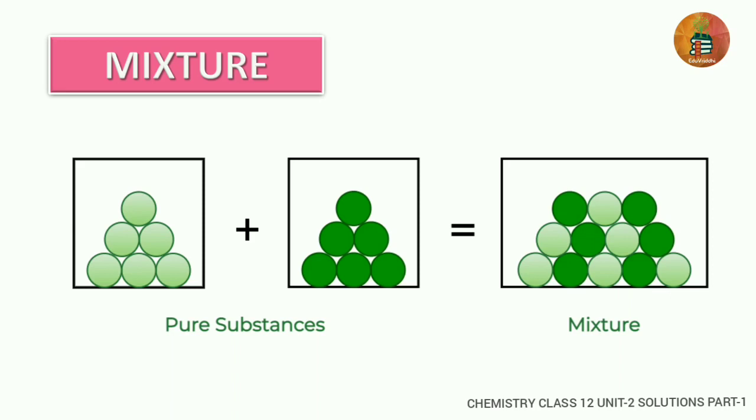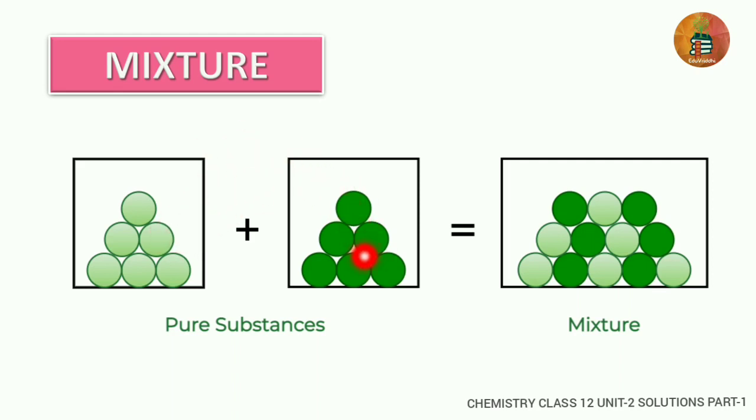If you see the image here, you can understand there is one type of pure substance here and there is a second type of pure substance here, and these two different pure substances are mixed together to give a mixture. From this picture we can understand that a mixture is a substance which is got by mixing minimum two different pure substances.